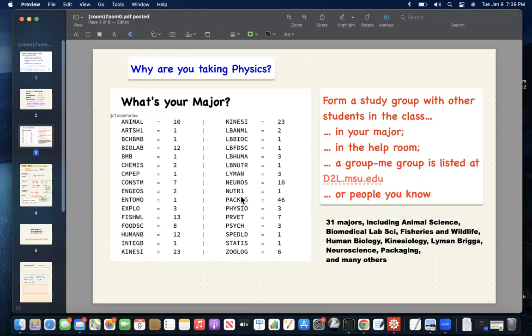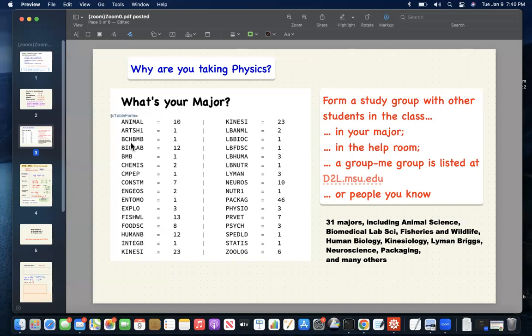It's kind of like engineering. All engineering students have to take a year of physics. Now, the physics for engineering students is usually physics with calculus, but Physics 231 doesn't include calculus. So packaging doesn't require calculus level of physics, but it does require this algebra level of physics. Many others, zoology, statistics, all kinds of things.